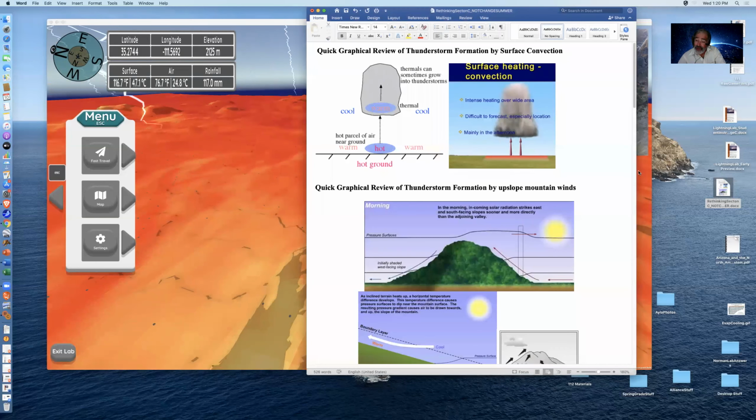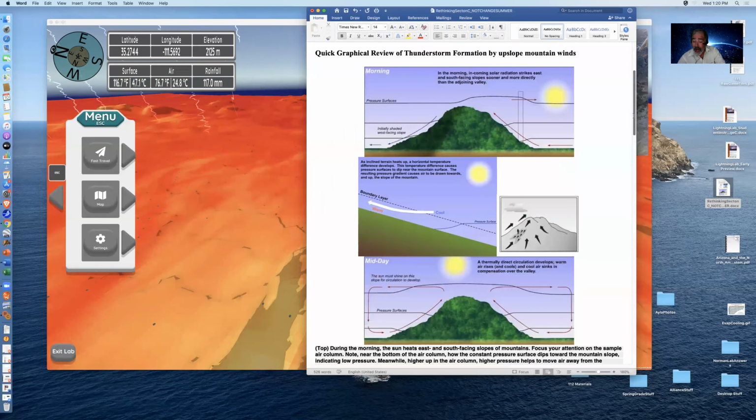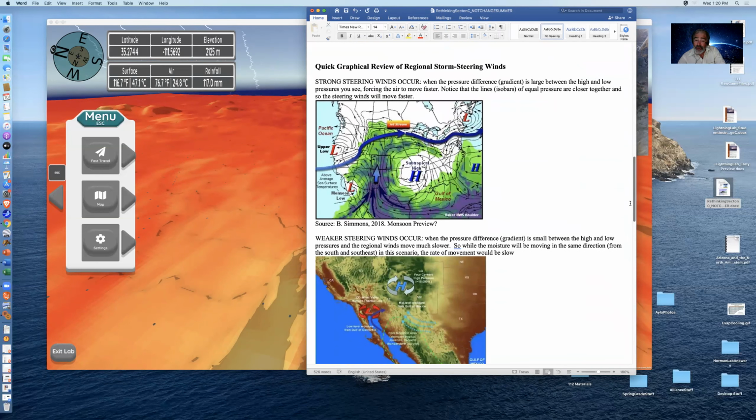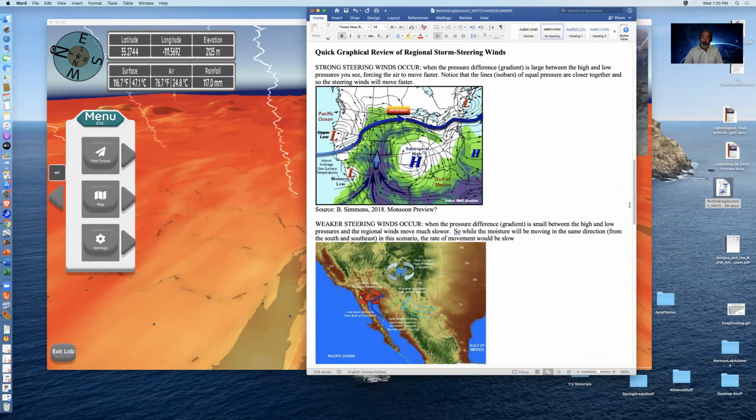So you have two basic mechanisms of thunderstorm formation in the study area of the San Francisco peaks: upslope winds and surface heating. And then you have two sort of circumstances of what's happening with the steering wind of the storms. The basic configuration that you learn in the lab is that you get a high pressure to the east of Arizona, and then a monsoon low with thermal heating, and this creates circulation counterclockwise in the low, clockwise around the high, and it brings the moist air northward.